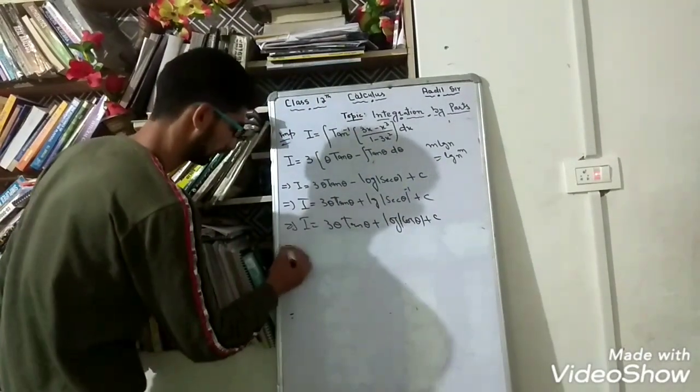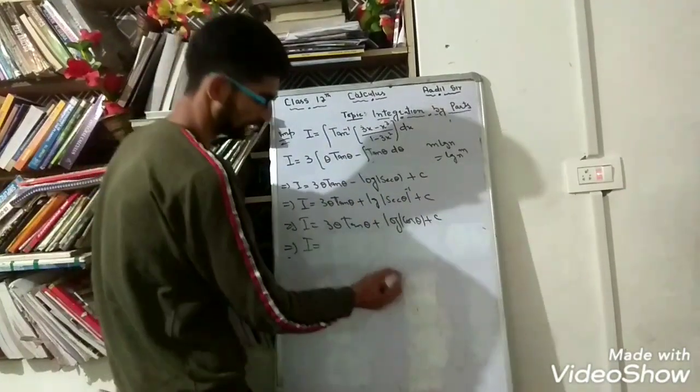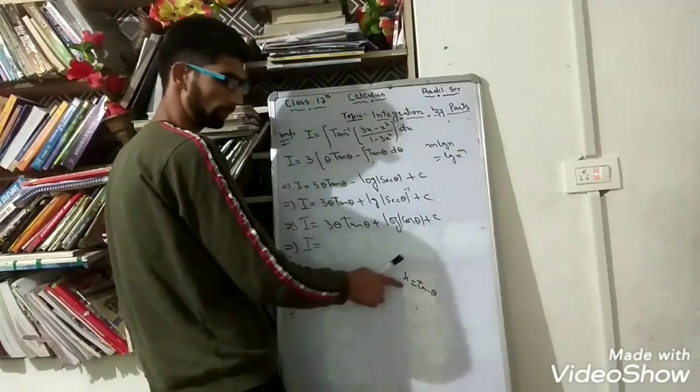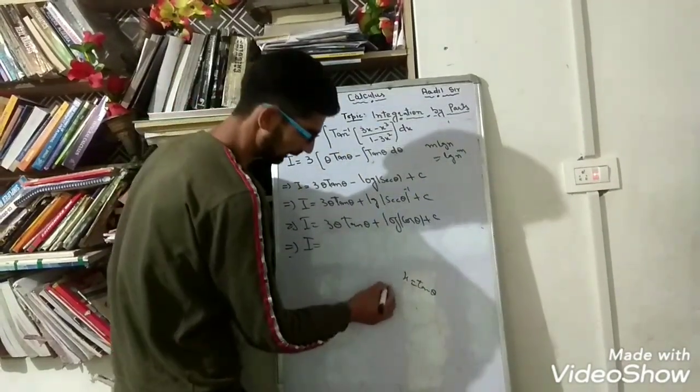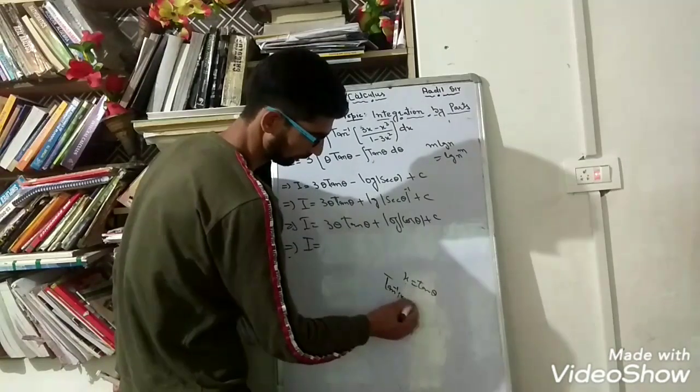Now we will substitute the value of theta back. We have x is equal to tan theta. When we take tan inverse on both sides, we get tan inverse x is equal to theta.